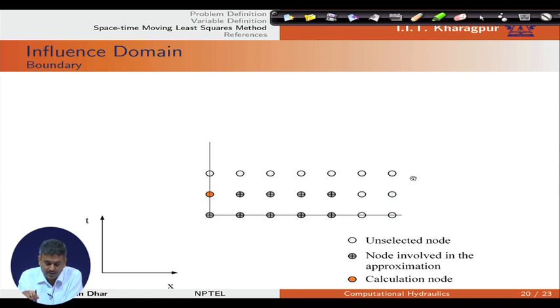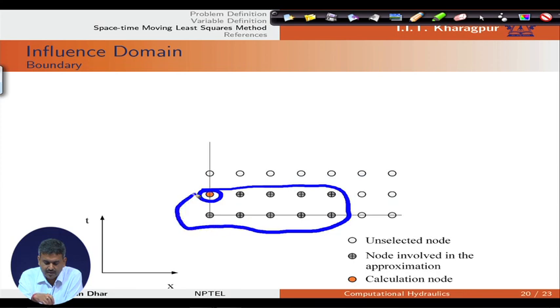Again this is for one boundary. We can select all boundary points and just the immediately next level time values for this calculation.